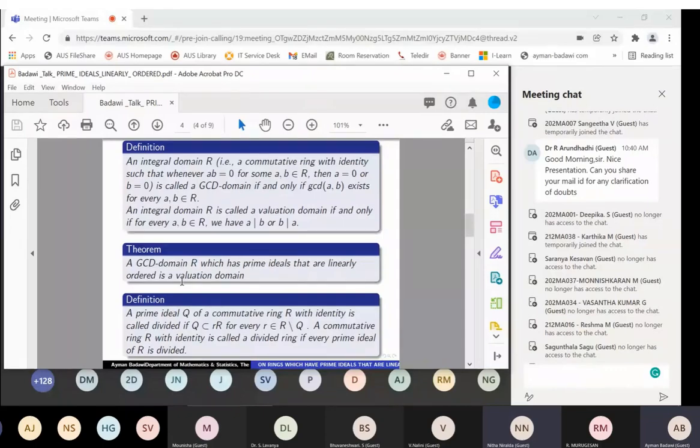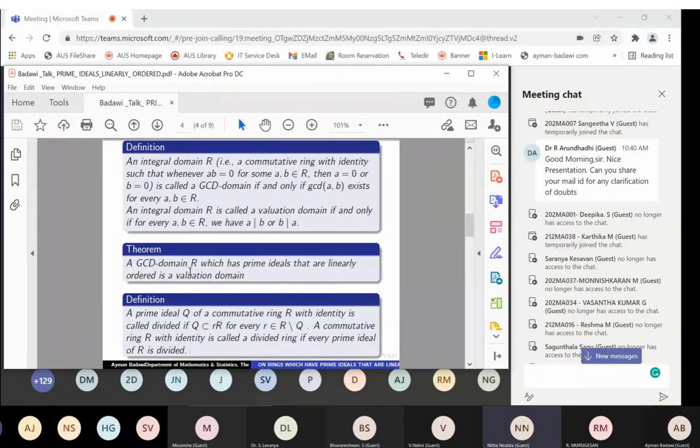And of course, the converse: if you have a valuation domain, then definitely the prime ideals are linearly ordered. And it is a GCD domain, because in a valuation domain, by definition, whenever you have two elements A and B, then A has to be a factor of B, or B has to be a factor of A.